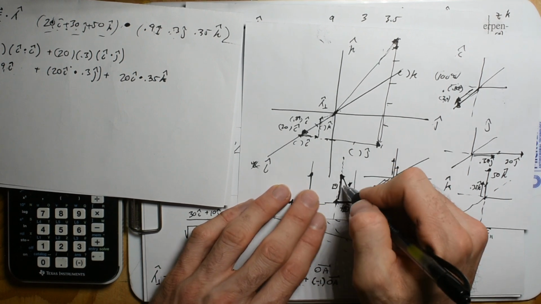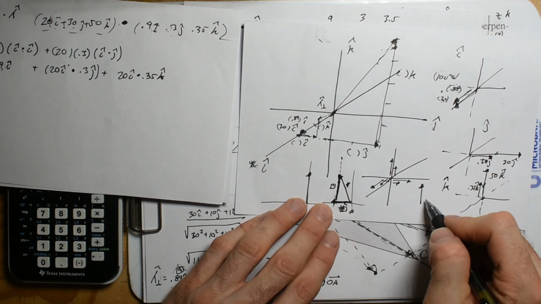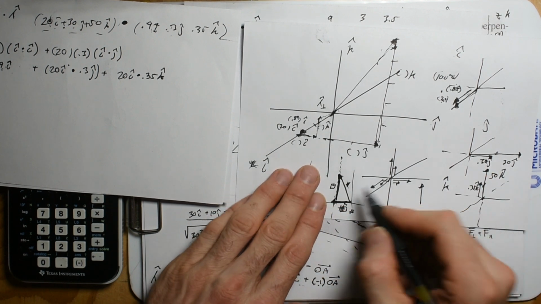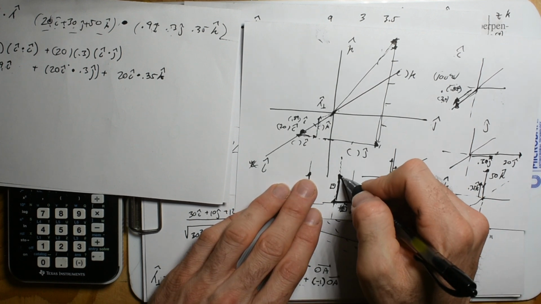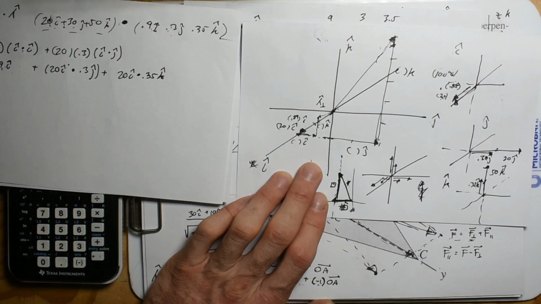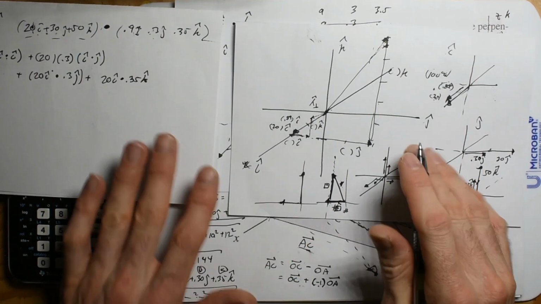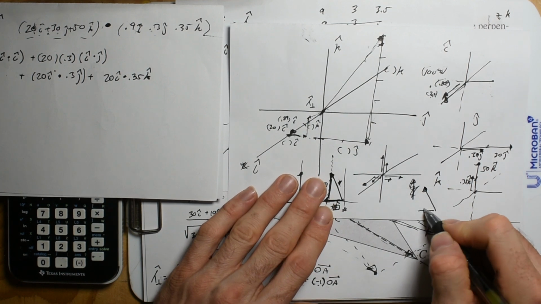So if I just said, hey, let's just take this component... I'm sorry, we're doing the dot product. No, I just got confused for a second. But yeah, we have this vector dotted with this vector.